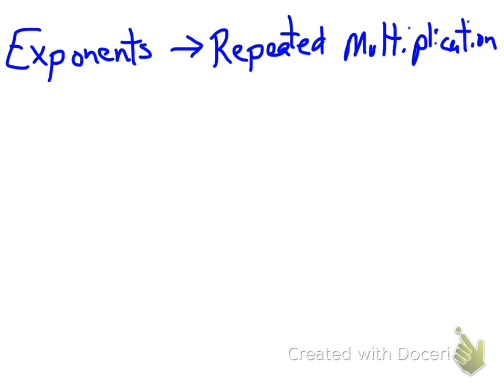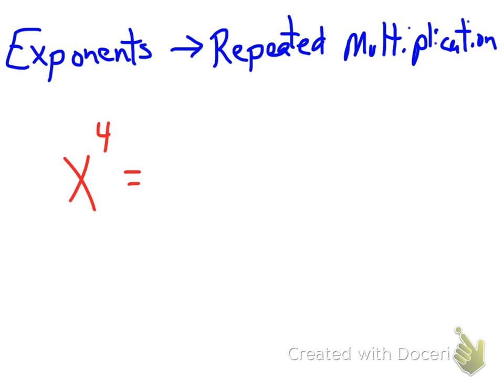This video is to help us make sense of what exponents actually are, and that is their short way of writing repeated multiplication. I'm going to go through a few examples. First one is if I just have x to the fourth power.